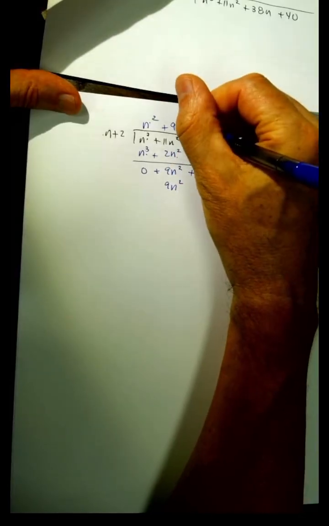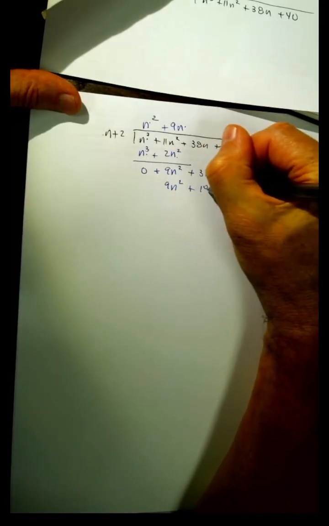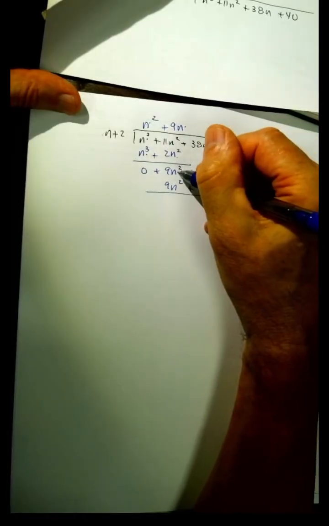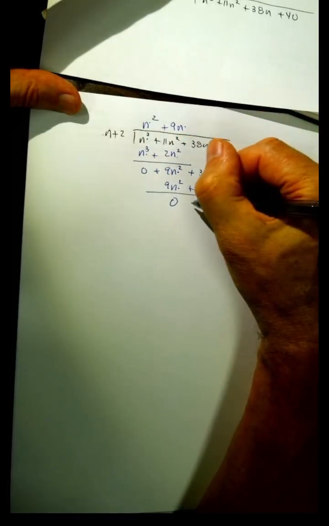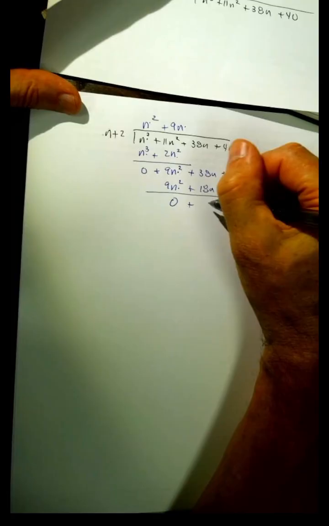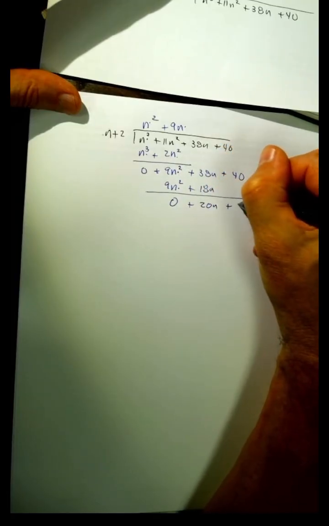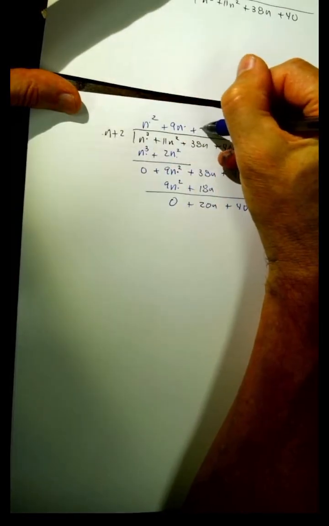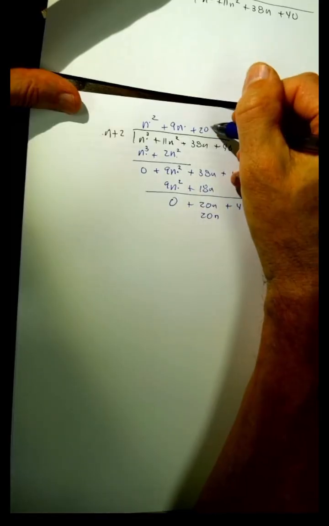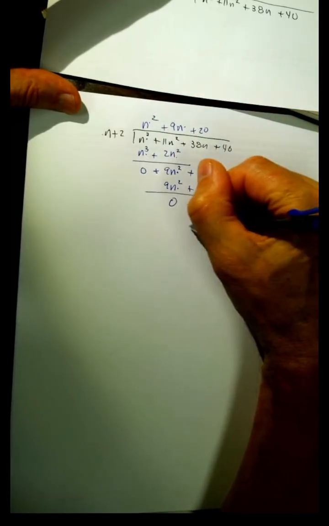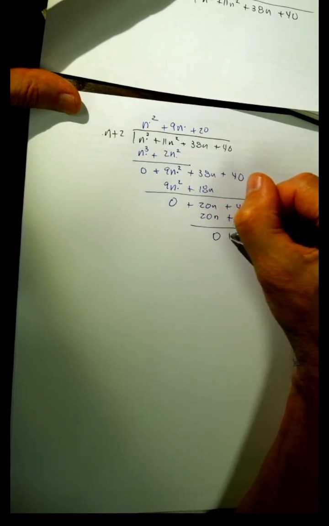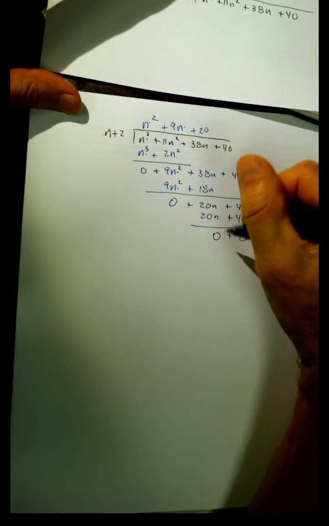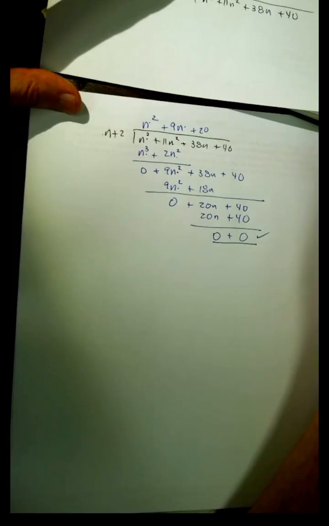So 9n times n is 9n squared, plus 9n times 2 is plus 18n. 9n squared minus 9n squared is 0. 38n minus 18n is 20n. Bring the 40 down. Now multiply n by 20 to get 20n. So 20 times n is 20n, and 20 times 2 is 40. When I subtract that, I get 0. Again, if you do not get 0 there, something terrible happened.